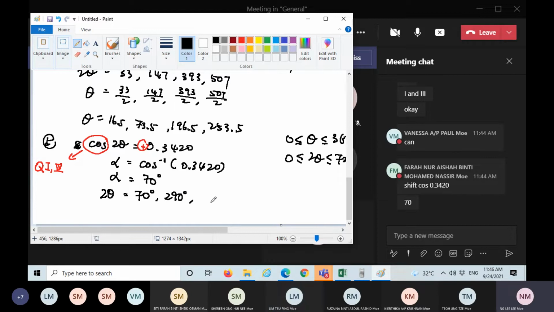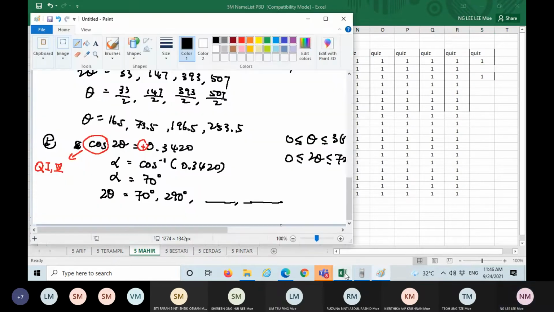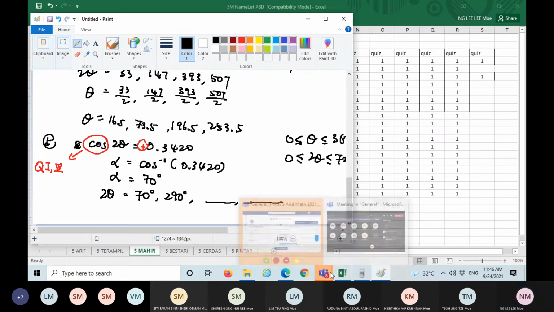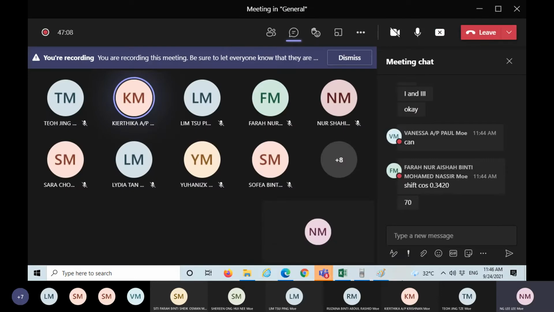There are two more angles. How to find these two more angles? 1 must plus with 180? Is it 1 plus with 180?